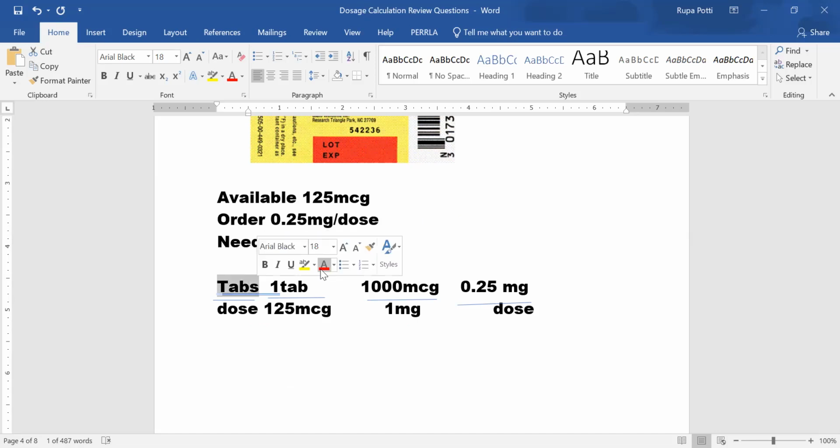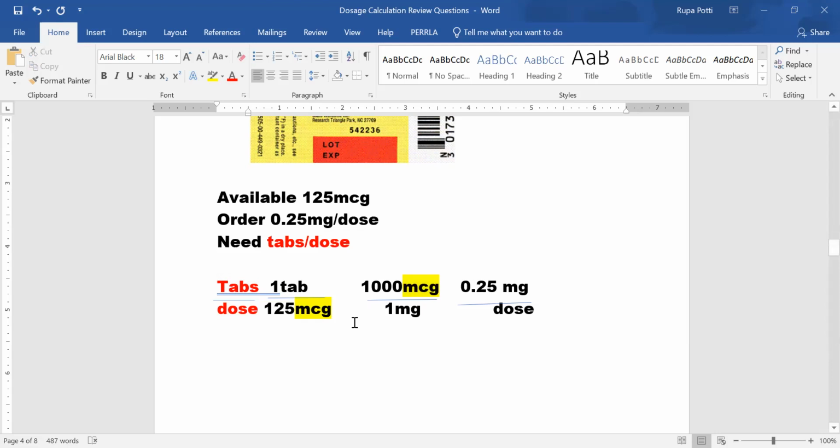So once I say I need to get tabs per dose, my first step has to start with the tab. So most of the time, now one tab is 125 micrograms. Because I have micrograms in the denominator, I start with micrograms in the numerator. And basically, I'm going to use it as a conversion factor, right?